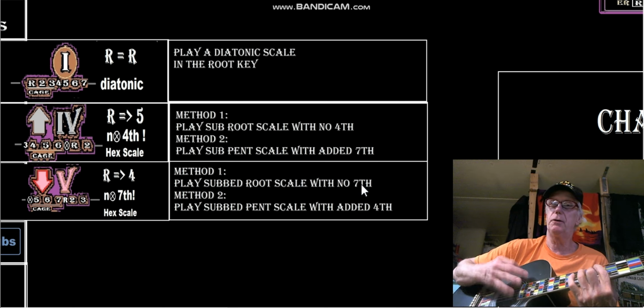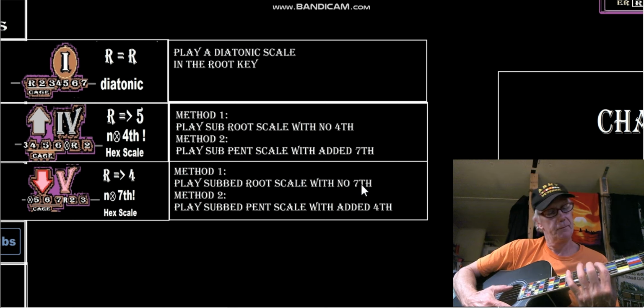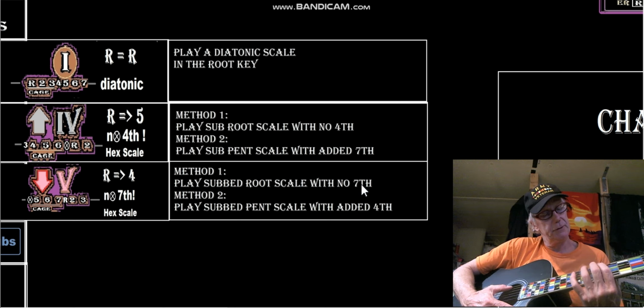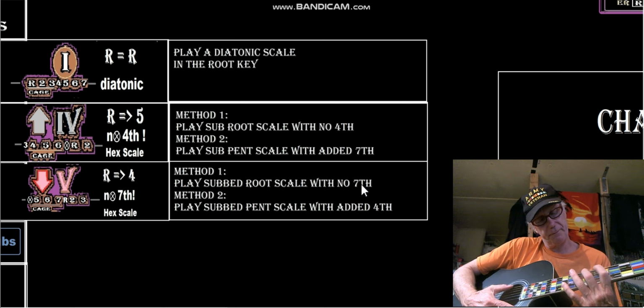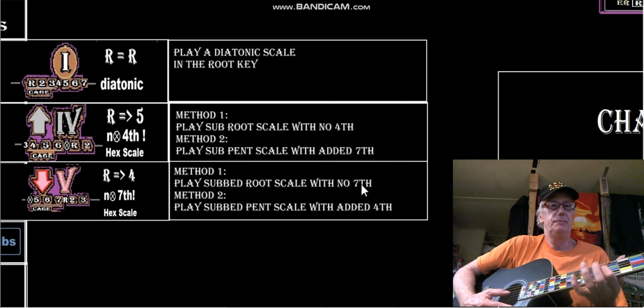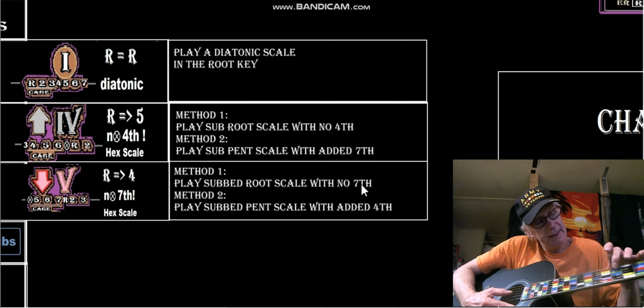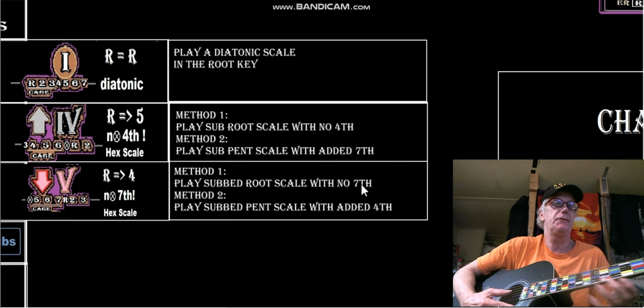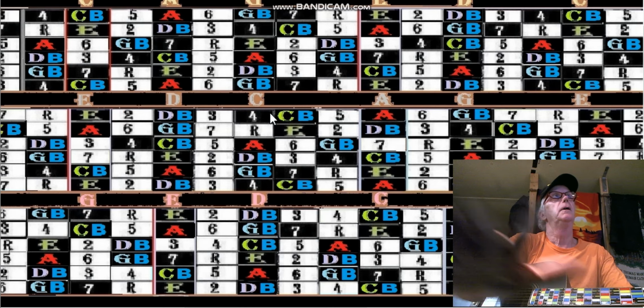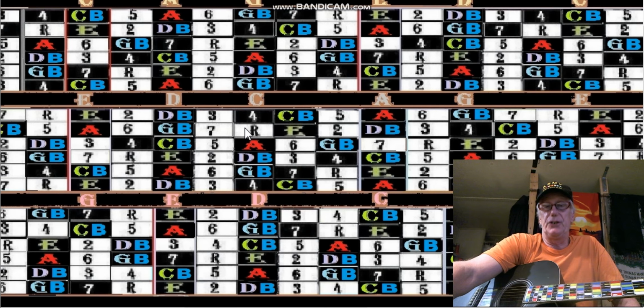But here we're going to go, let's see, we're going to go 3, 4, 5, 6. Okay, we're not going to be playing the 7th of that scale right there. We're going to want to hit the F. Now, let me think about that a second. Okay, so saved by the chart as usual.